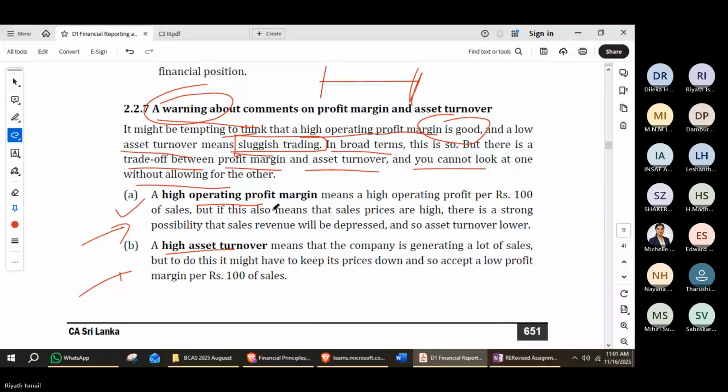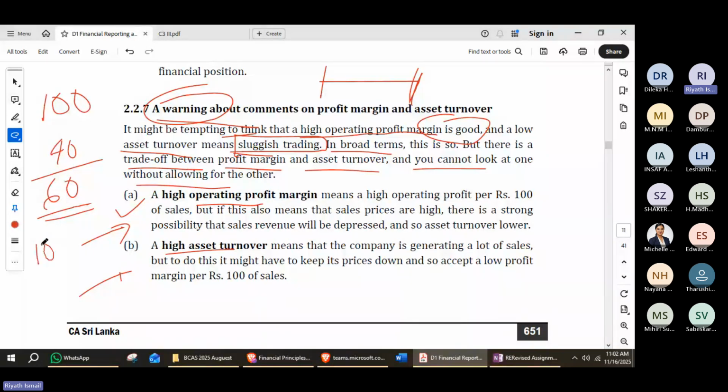First, high operating profit margin. High operating profit margin means, say, a 100 rupee selling price with a cost of 40 rupees. How much margin? 60. So this is a higher margin.